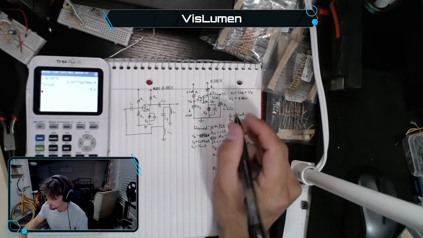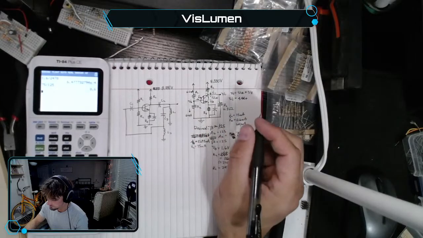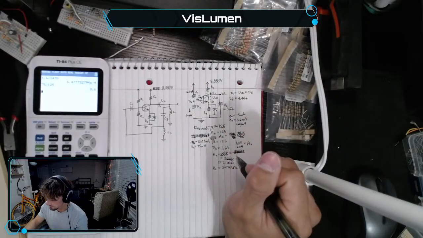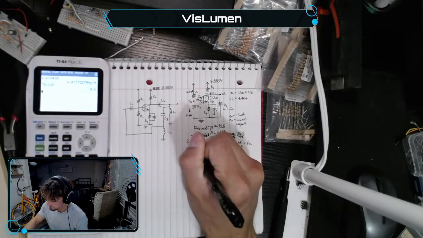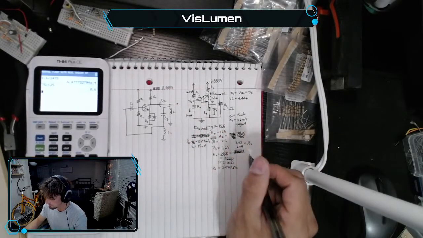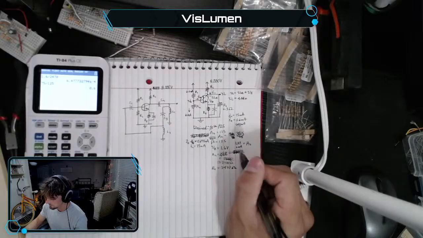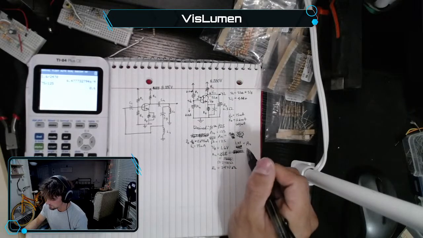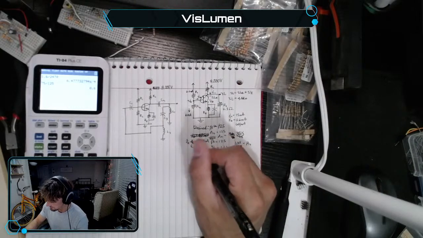IB is still 0.6 milliamps. So that's not IB, that's I2. That's I2. Okay, no, I'm making a mistake here. Okay, so IC, okay, I2.